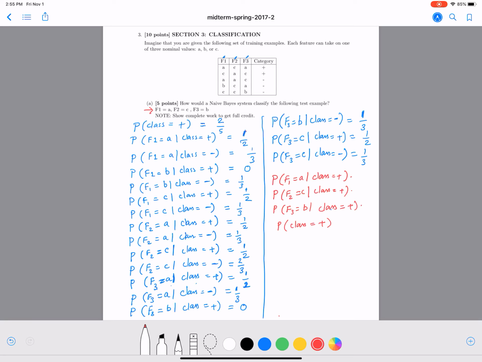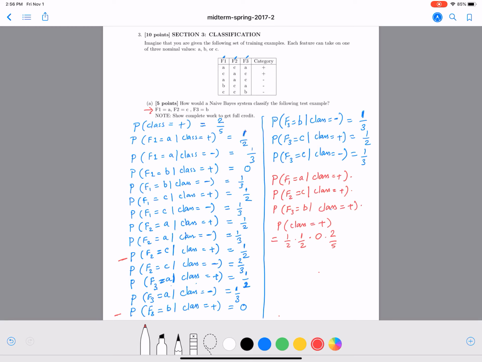Now we can calculate this. f1 equal to a, class equal to plus is 1 by 2, times f2 equal to c, class equal to plus is another 1 by 2, times f3 equal to b, class equal to plus is actually 0, times class equal to plus 2 over 5.